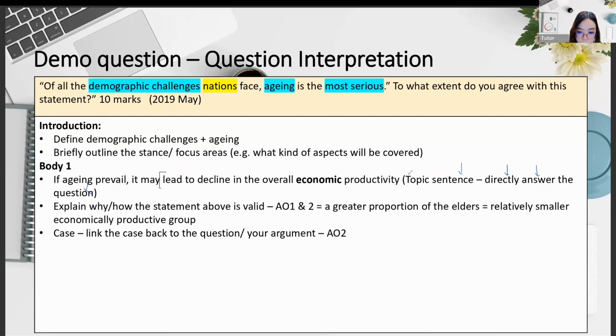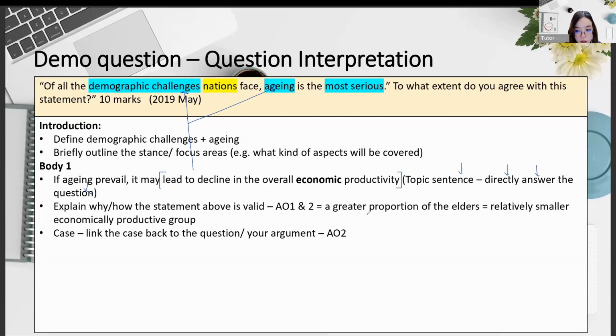And here, the thing I highlight here, leading to decline in overall economic productivity, that's something straightforward, easy to understand, and also it addresses the question, which is about challenge, and it's about something that is caused by aging. And that's why that style of writing is something that can directly answer the question efficiently.